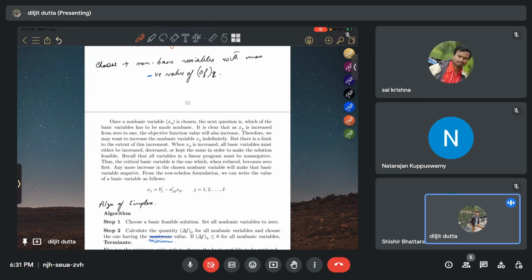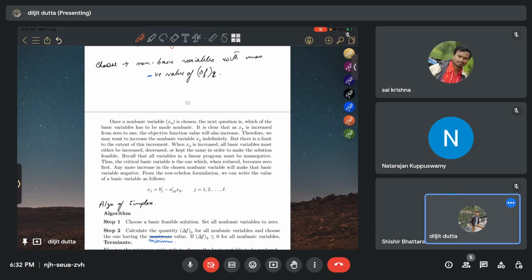It is clear that xq has been added, that is, the number of basic variables has increased, but we can keep only m basic variables. We cannot keep more than m basic variables, where m is the number of constraints. So once we have increased the number of basic variables, we need to convert one of the basic variables to a non-basic variable. And how do we do that?